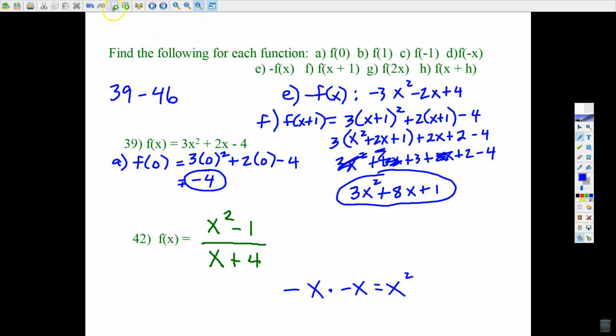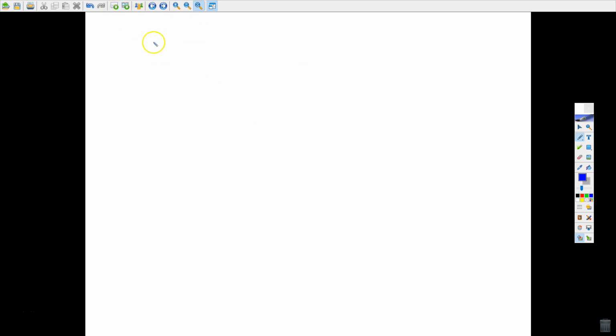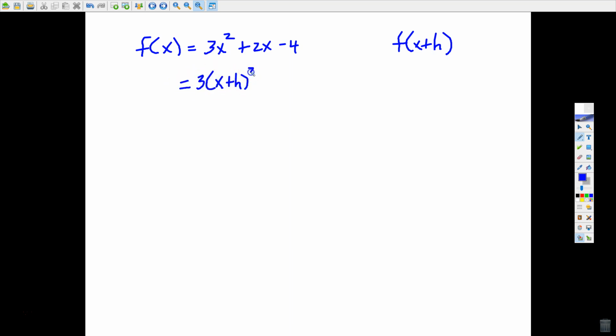Somebody read that function off to me when I go over. 3x squared minus 4. And we're doing f of x plus h. Okay, well, literally, wherever you see x, you're replacing it with x plus h.